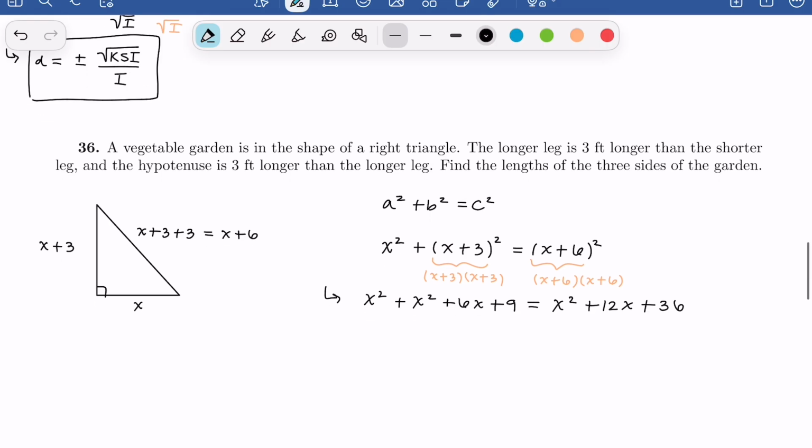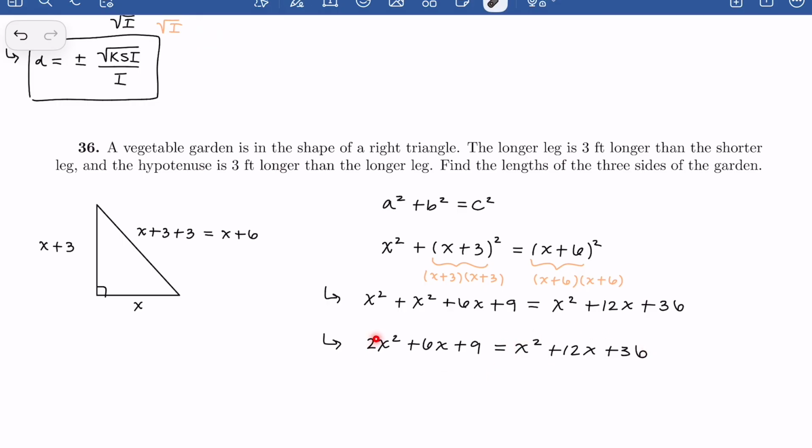All right, so from here, let's simplify, combine like terms, and see if we can solve for x. On the left-hand side here, I'm going to end up with 2x squared plus 6x plus 9, and that's as far as we can go. And then on the right-hand side here, we can't simplify this any further. We can't combine like terms. But what we can do is move all of these terms to this side of the equation and see if we can combine like terms.